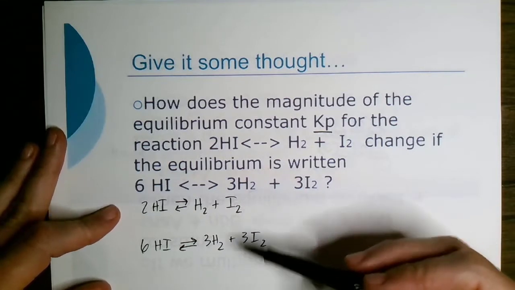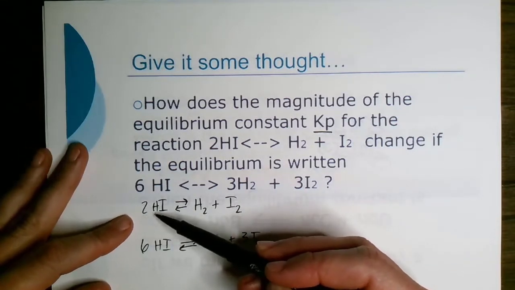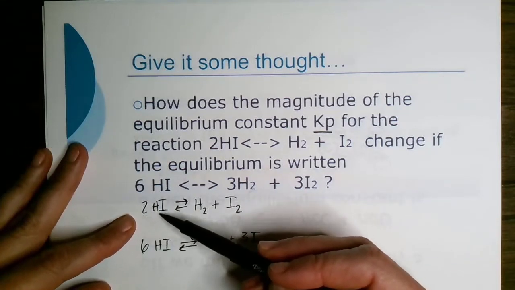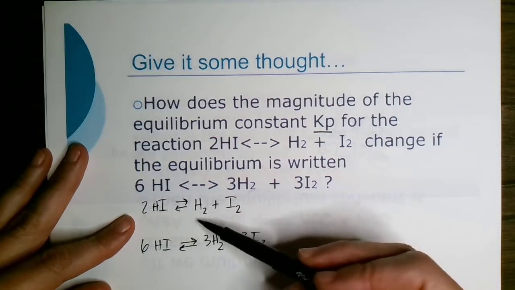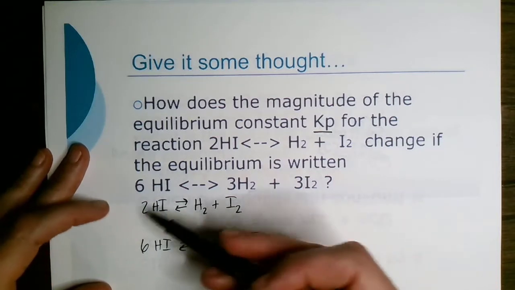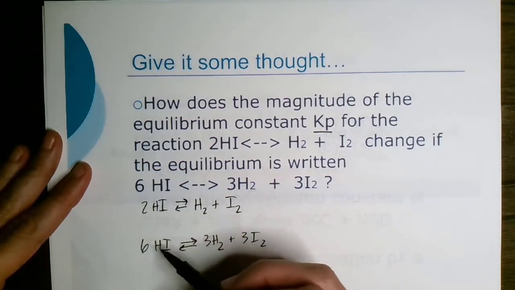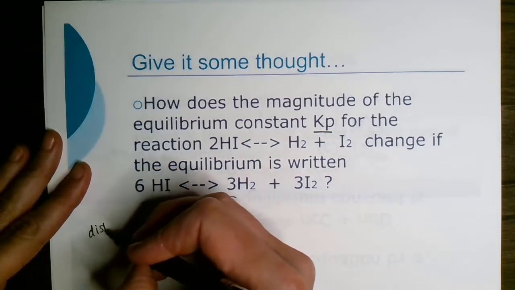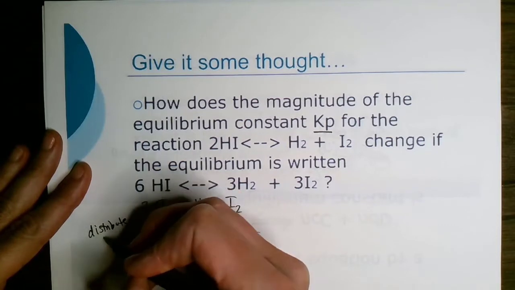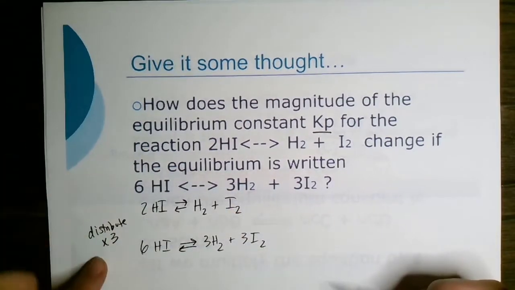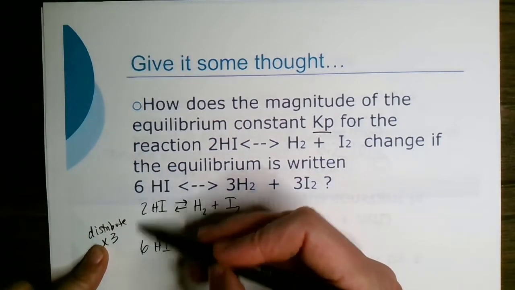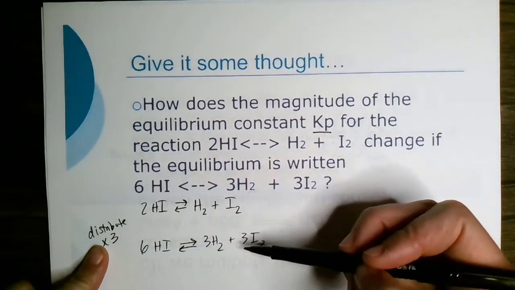We can see that the same reaction is happening here, with hydrogen iodide breaking down into its constituents of hydrogen and iodine. But going from 2 to 6, we just multiplied by 3, from 1 to 3, 1 to 3.